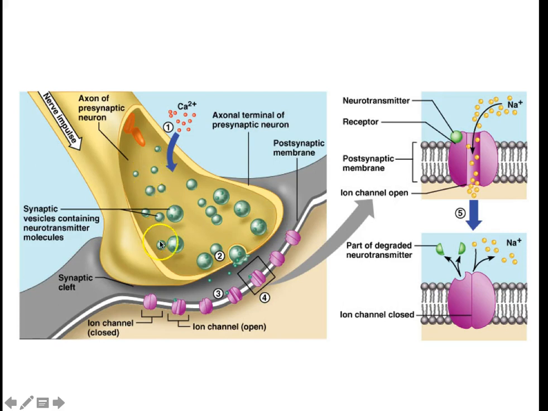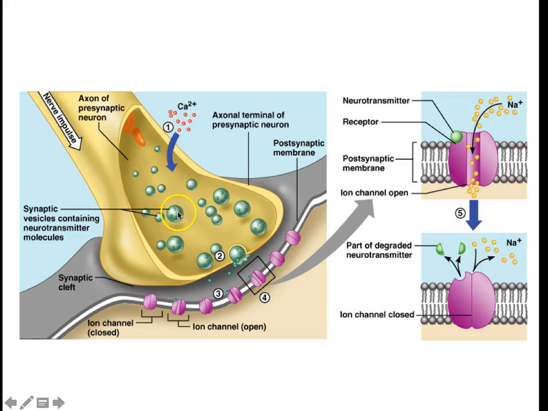So here's a nerve ending. All of these little green balls are vesicles filled with neurotransmitter. This is the synapse in gray, or the space. This is the next neuron with receptors that can bind the neurotransmitter. So when this nerve ending goes to action, the calcium channel opens.